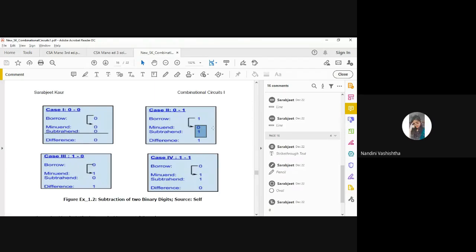Which will make this as 1 0, right? 1 0 means 2 in decimal. So when I subtract 1 from 2, what do I get? 1.